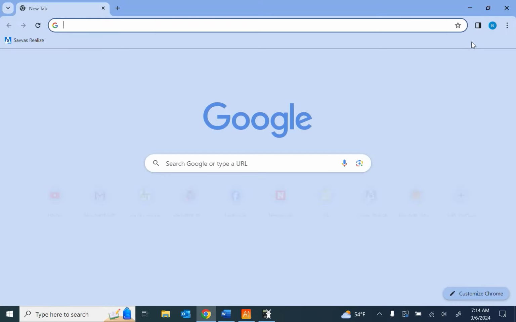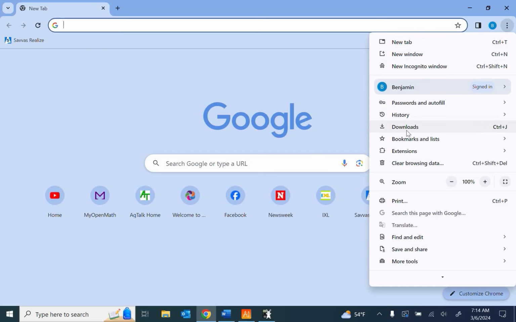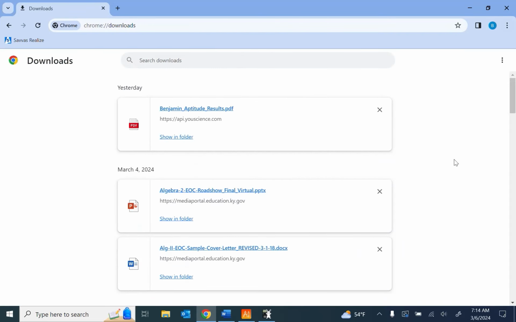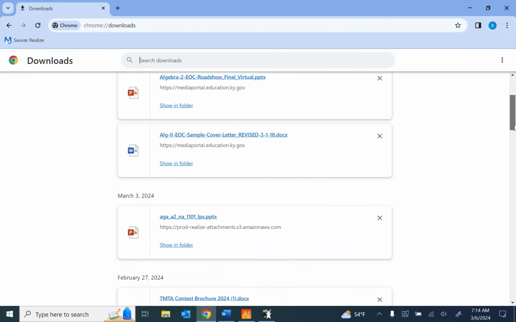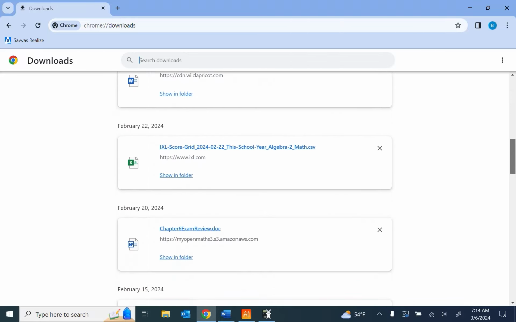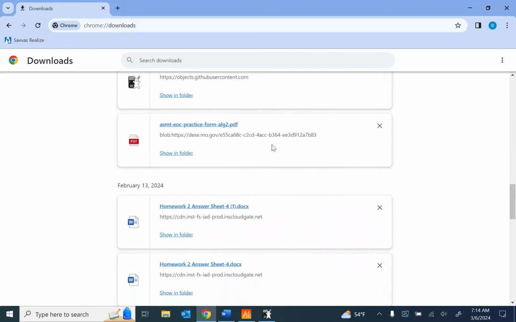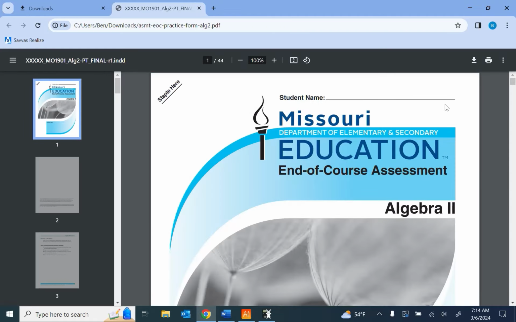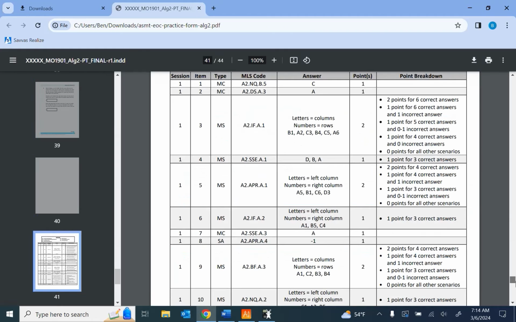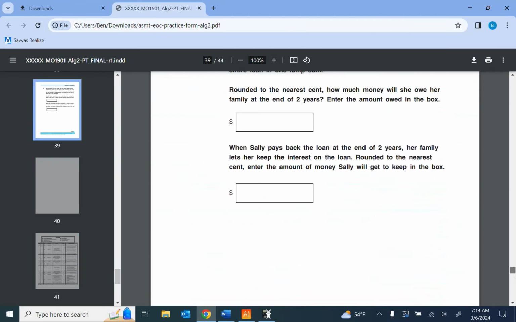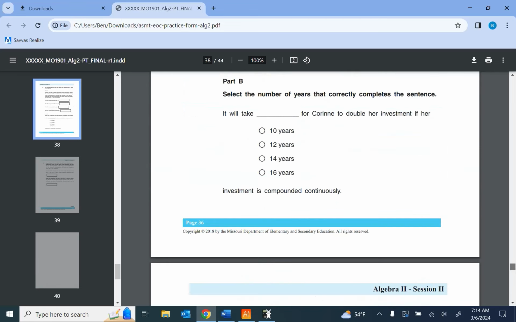Let's see where I got this from. Pretty sure I got that off the state of Missouri. But we're in Tennessee. It's a really good test.